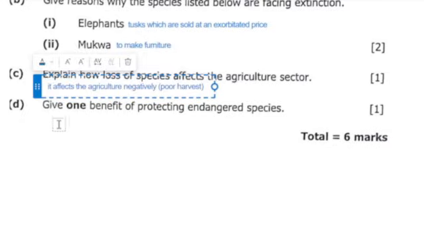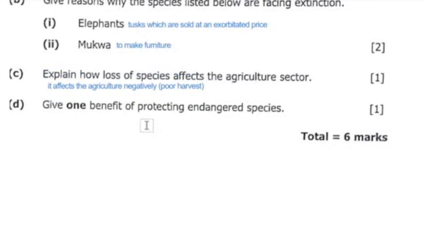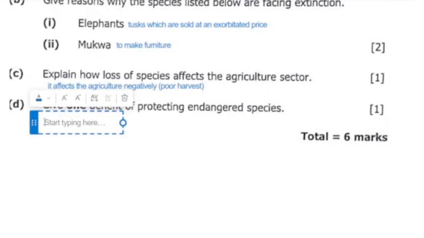Number D, give one benefit of protecting endangered species. If you protect endangered species like animals, that is going to be a source of income in future.